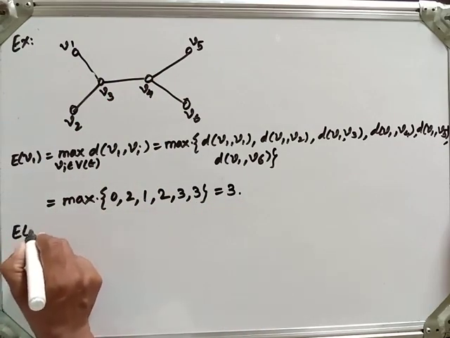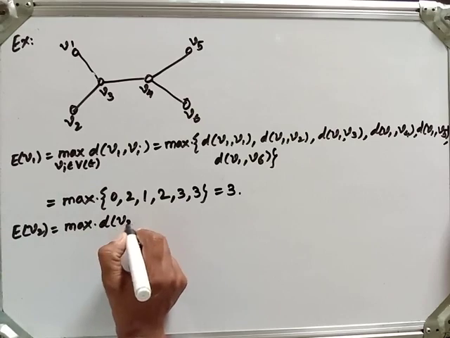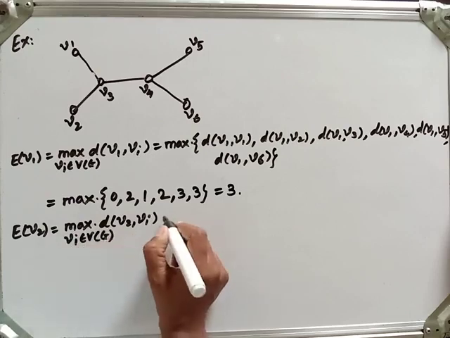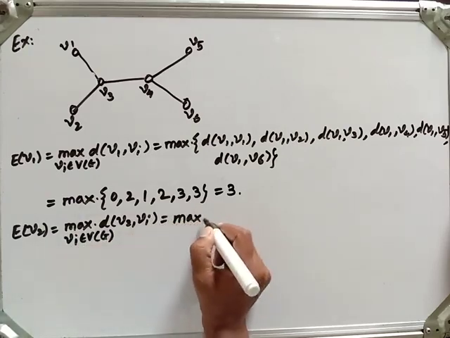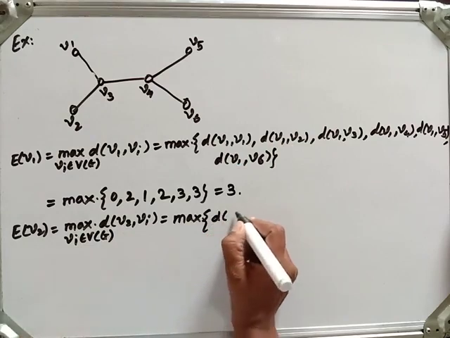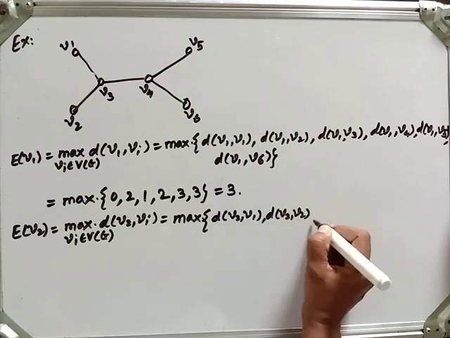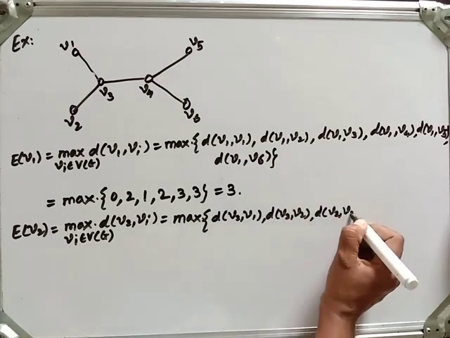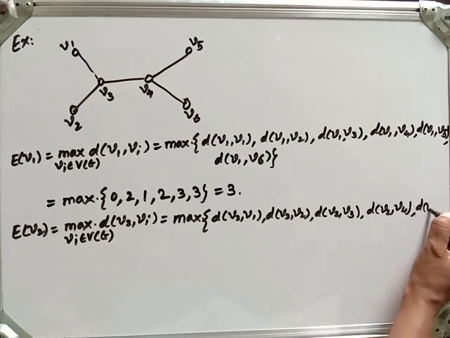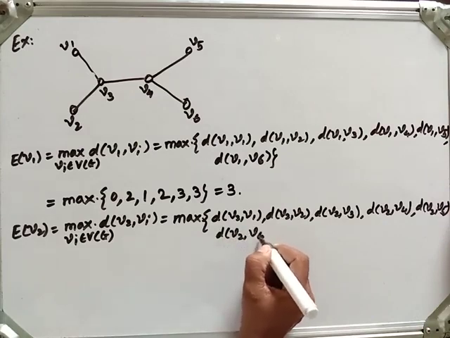Similarly, what about eccentricity of V2? It is the maximum distance from V2 to Vi, where Vi belongs to the vertex set of G. That is the maximum of distances from V2 to V1, V2 to V2, V2 to V3, V2 to V4, V2 to V5, and V2 to V6, because 6 vertices are there.